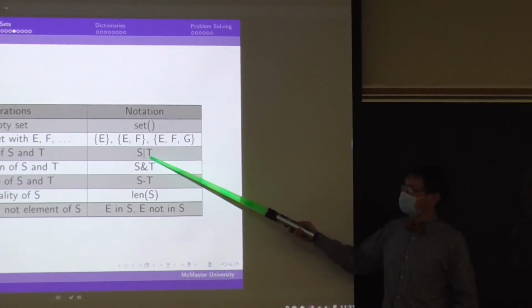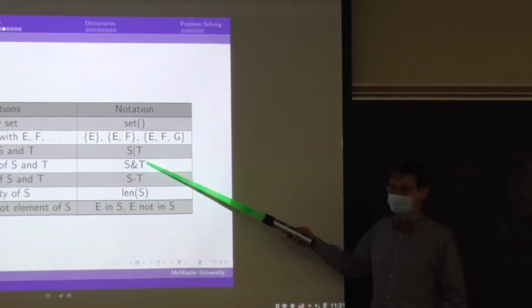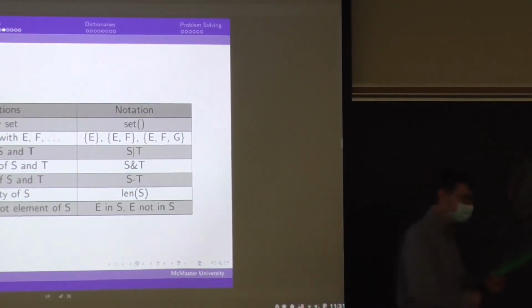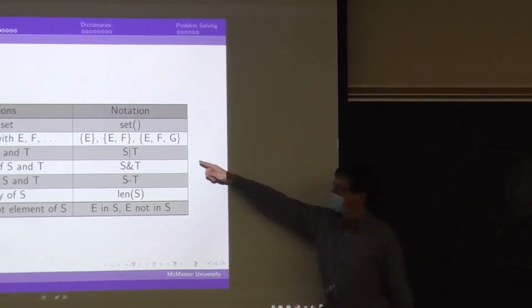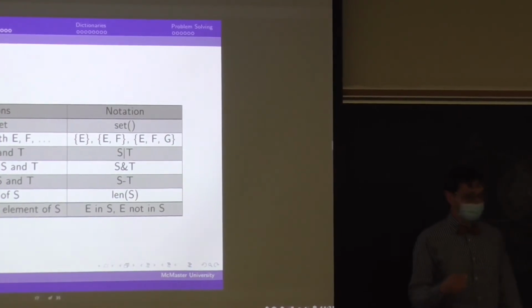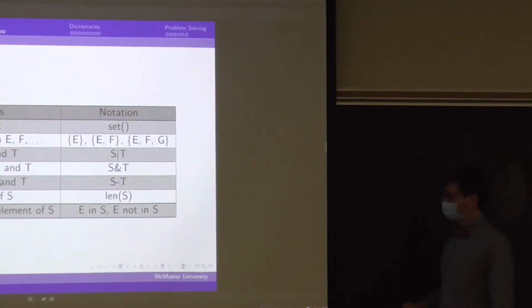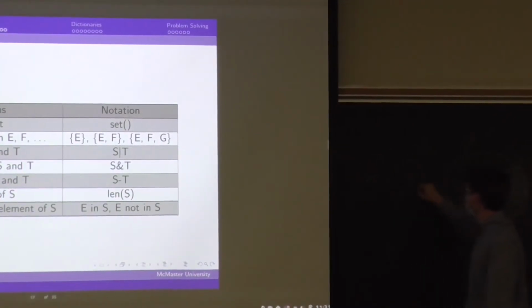union is written bar. Intersection is written ampersand. The reason for those notations is that in most languages, Boolean OR is written as two vertical bar characters. So X or Y is written like that, right?